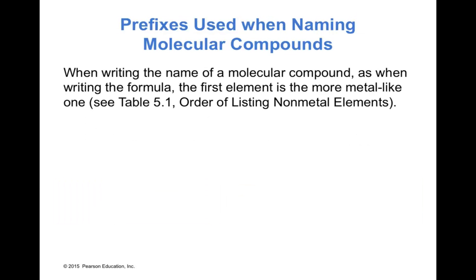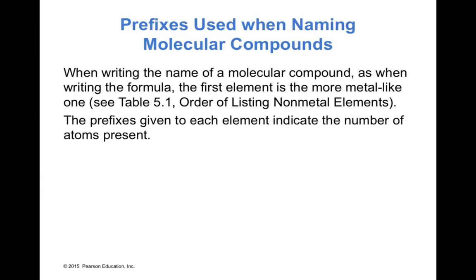So when writing the name of a molecular compound, as when writing the formula, the first element is the more metal-like one. Okay, so that's basically the rule. The prefixes given to each element indicate the number of atoms present in that specific compound.